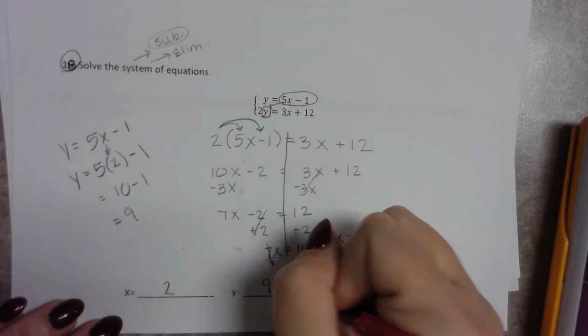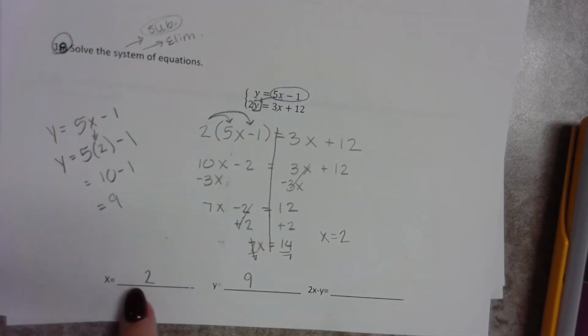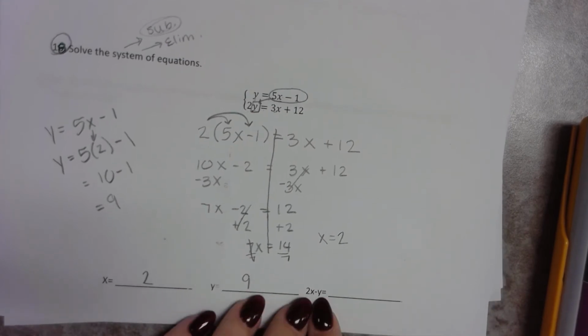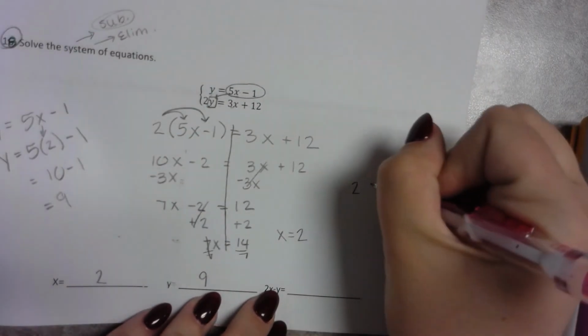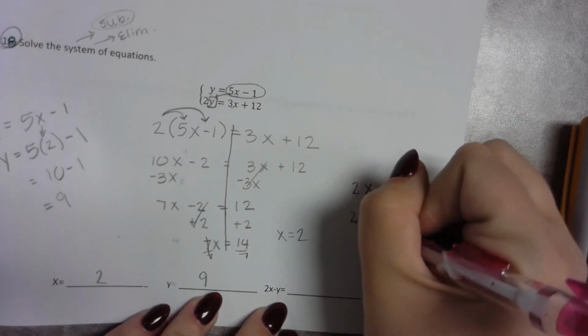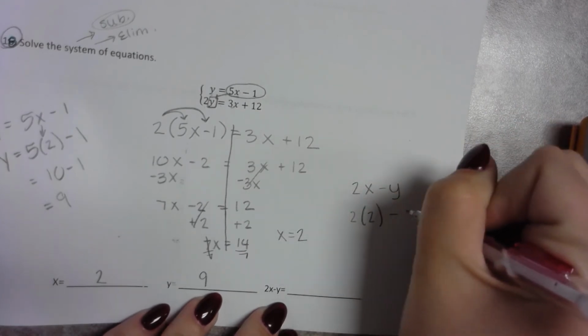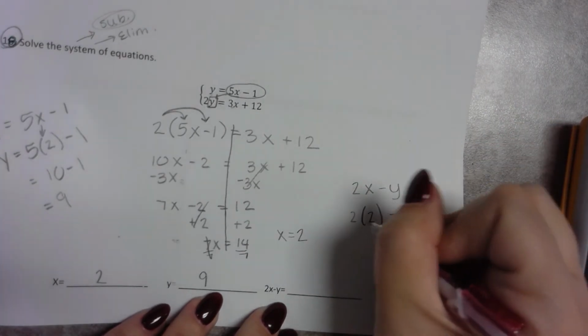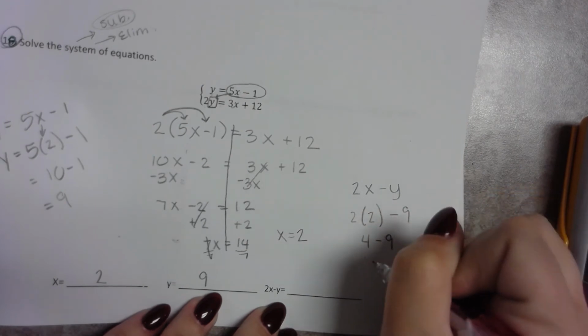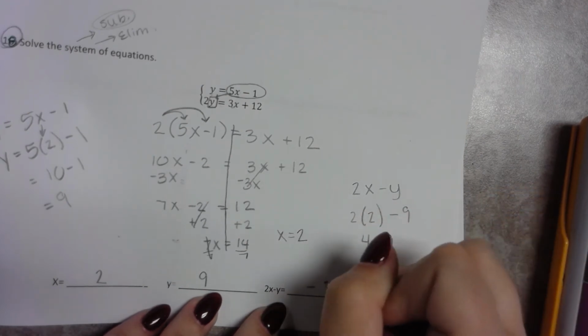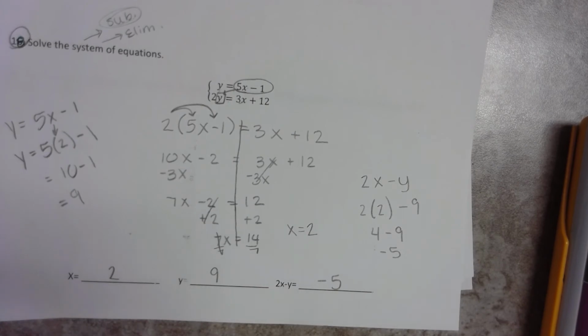So y is 9. Now that I know x is 2 and y is 9, now I can find this. 2x minus y. Well, we know the x is 2. We know the y is 9. So we get negative 5.